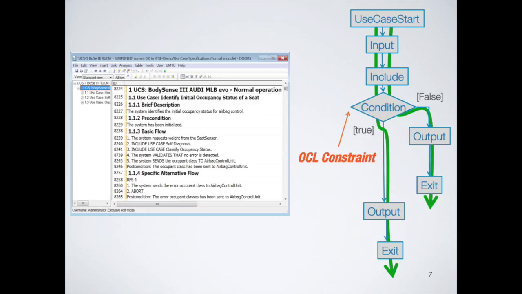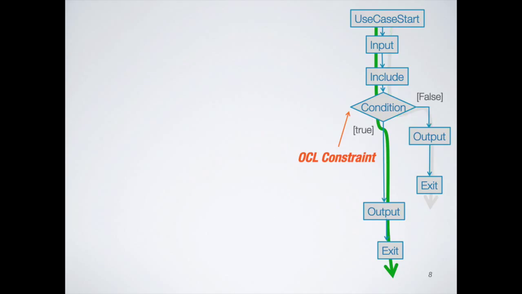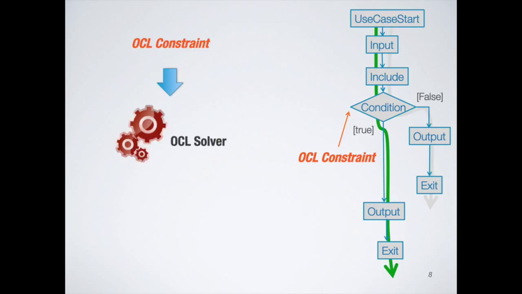For each test scenario, UMTG will collect all the OCL constraints connected with the conditional nodes, and then invoke the OCL solver to generate the test input. The test input is an instance of the domain model which satisfies all the conditions through the scenario.